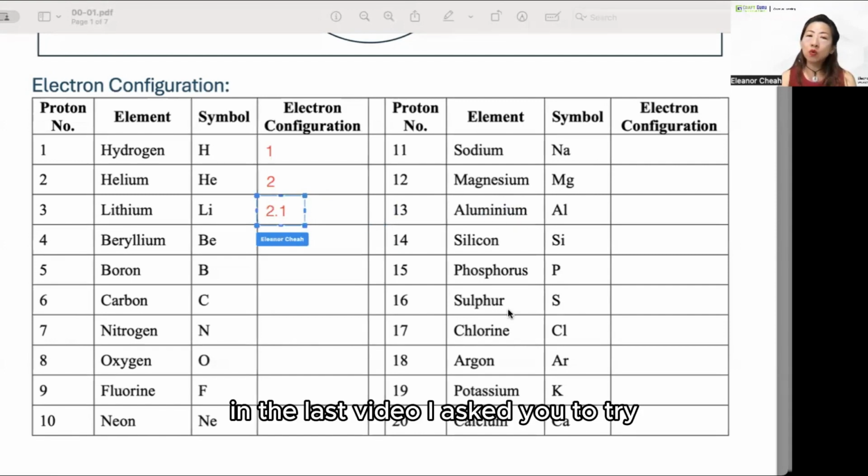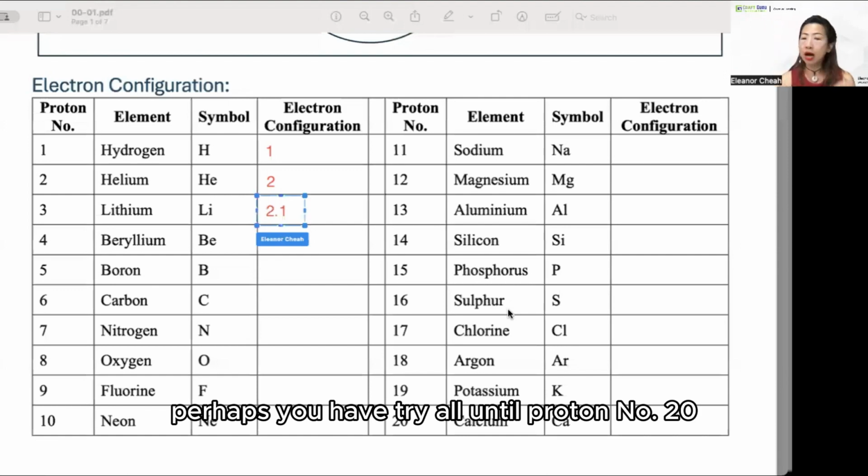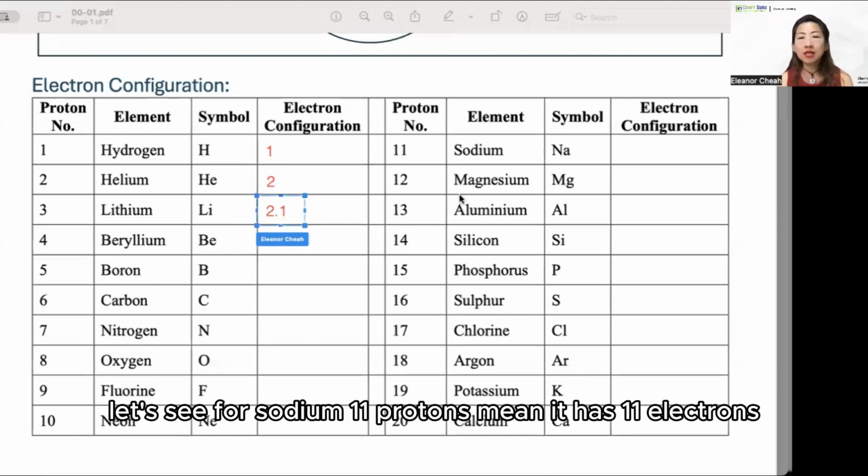In the last video, I asked you to try writing the electron configuration for sodium and magnesium. Perhaps you have tried all until proton number 20. Let's see for sodium, 11 protons means it has 11 electrons.